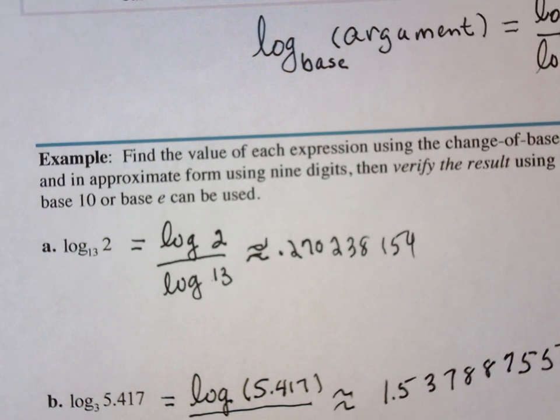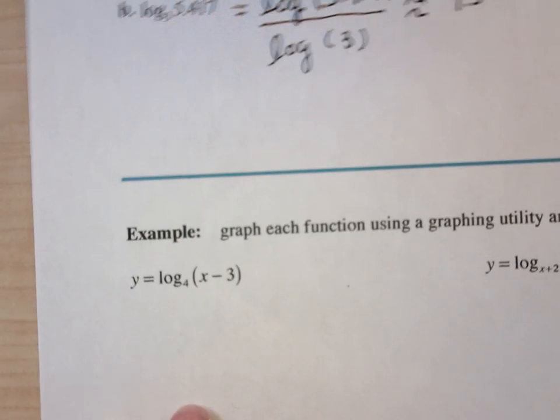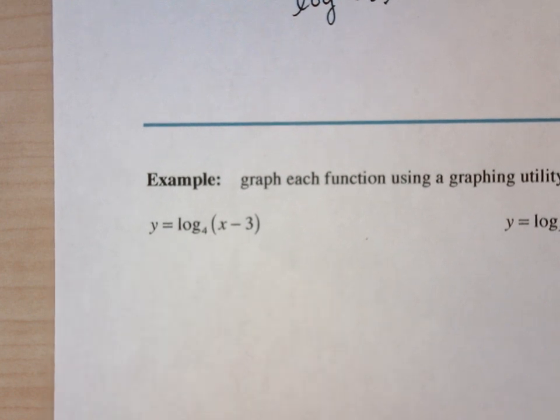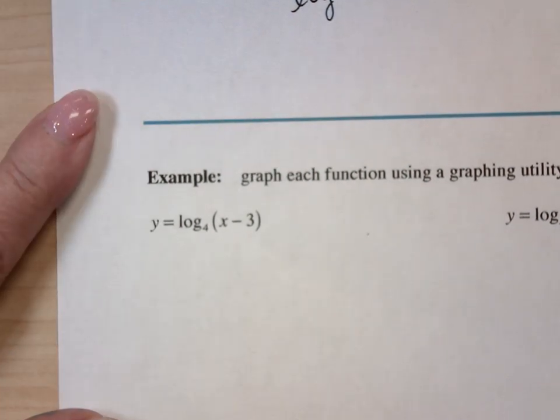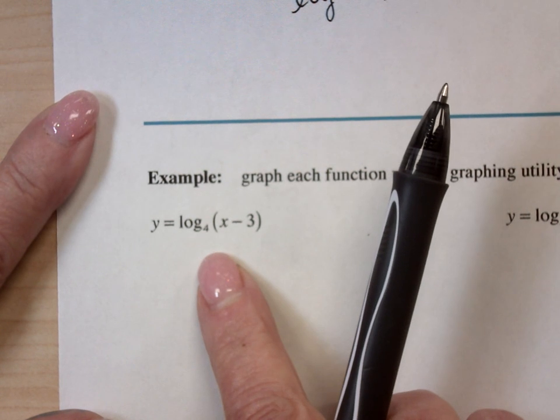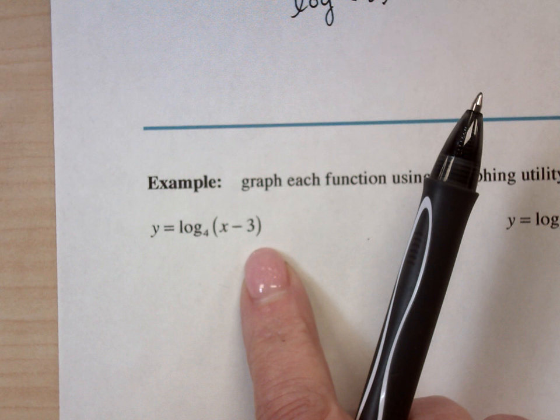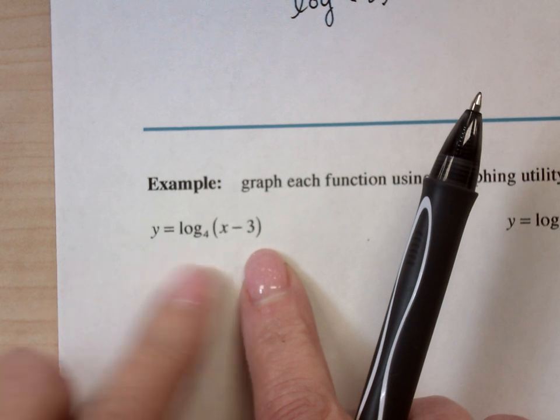Change a base formula. Now these are graphs, and I wouldn't want to meet this guy in a dark alley if I have to graph it, because he's base 4. He's going to look like any other logarithm, by the way. Just with a different base.